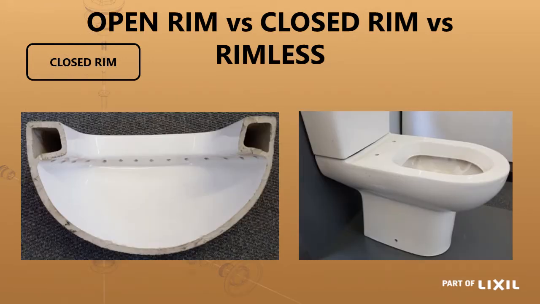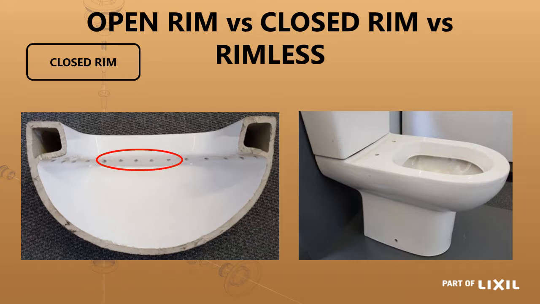If we have a look at a closed rim pan, the difference here is that it doesn't have that exposed channel going around the pan. What you've got is a channel that is inside the pan, and a whole lot of holes that sit underneath the rim, and that's where the water enters.